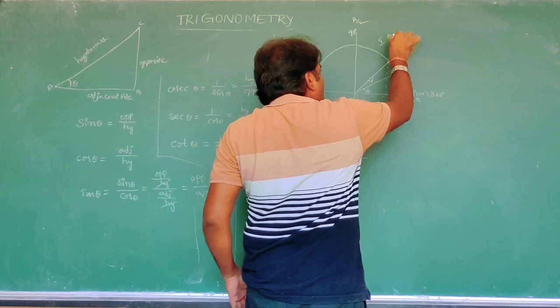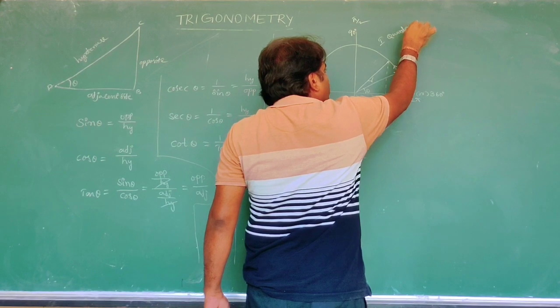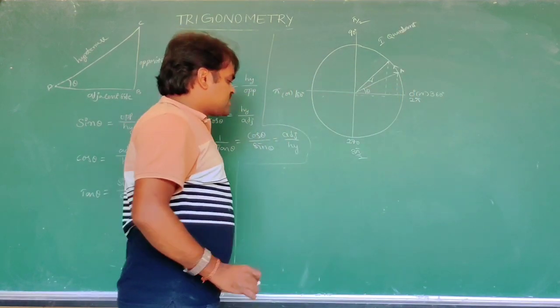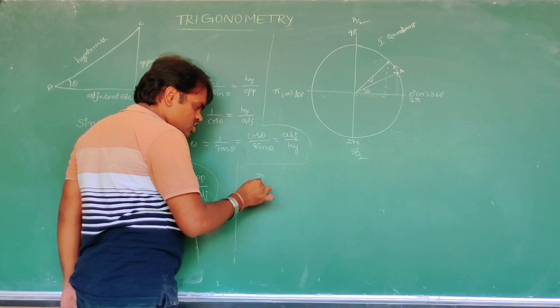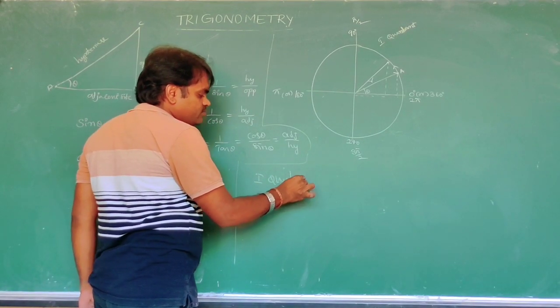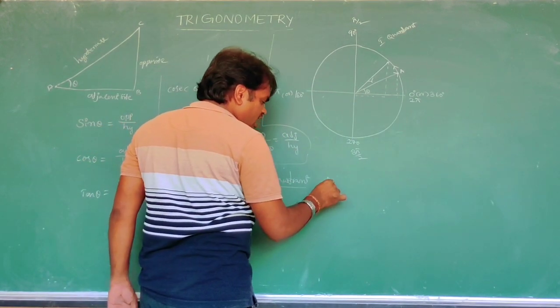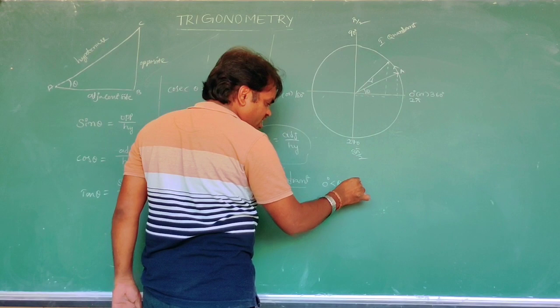This is the first quadrant. What is the first quadrant? From 0 less than theta less than 90 degree.